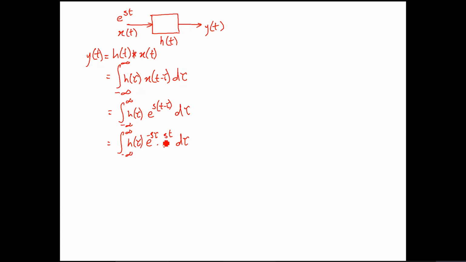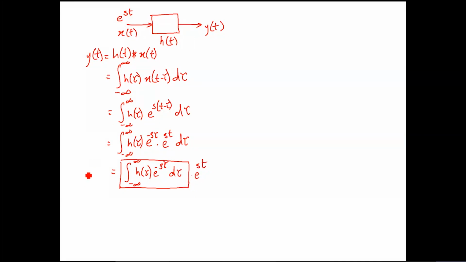Now in this, e raised to the power of st is constant as far as tau is concerned, because this term doesn't have any tau, so we can take this term out from the integral and we end up getting the integral from minus infinity to infinity of h of tau e raised to the power of minus s tau d tau, and e raised to the power of st goes out. You can write it on this side, or we can just write this thing multiplied by e raised to the power of st.